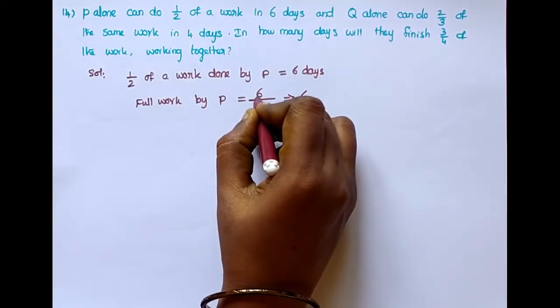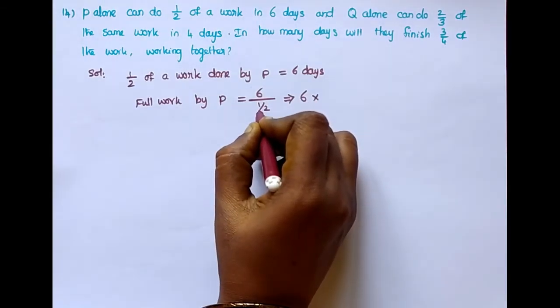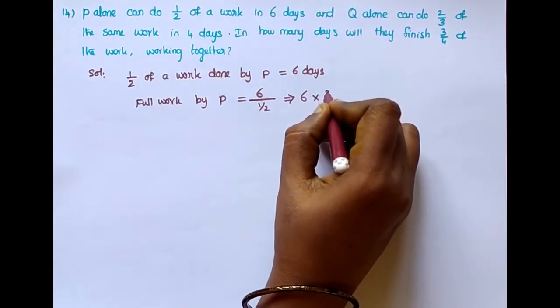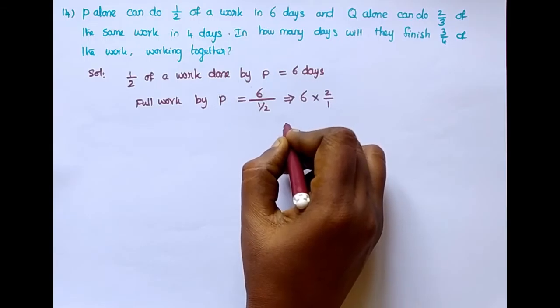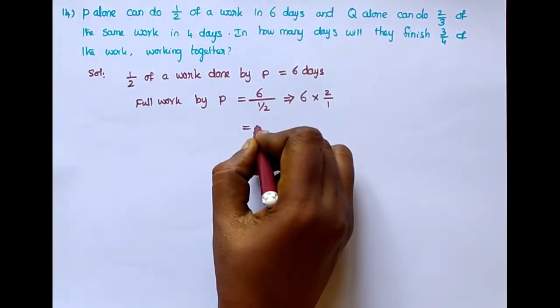Write down the number. Here a fraction means take the reciprocal. So we get 6 2s are 12 days.